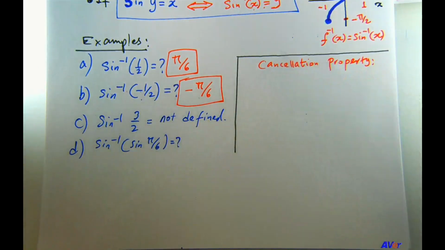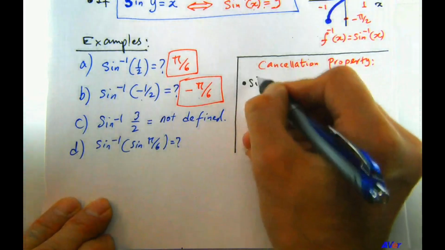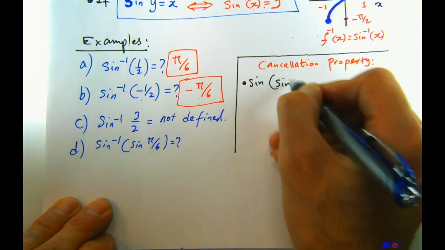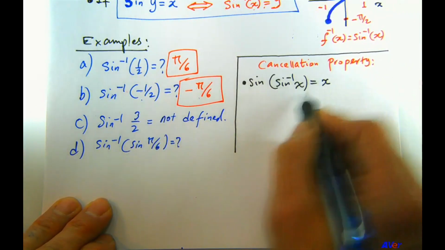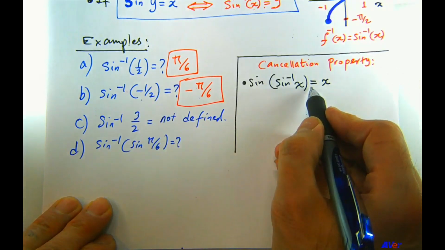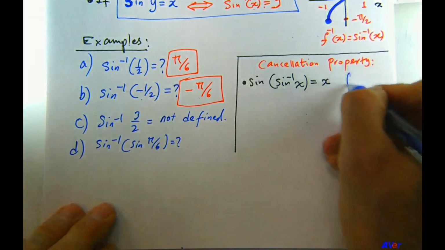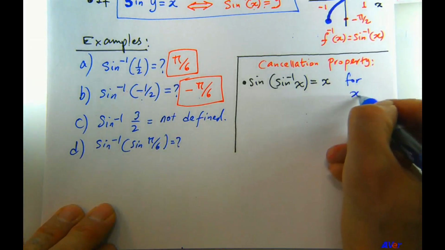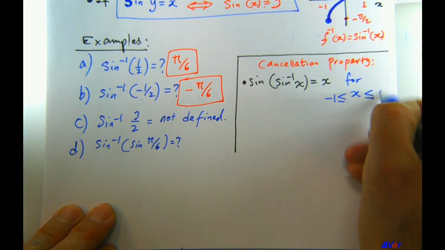And what it says is this, that sine of inverse sine of some value is equal to that value. And this is true for any x between -1 and 1.